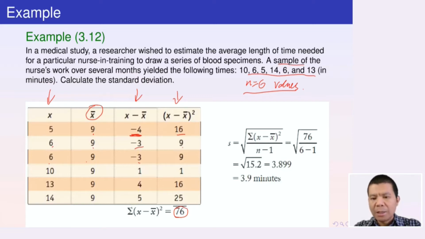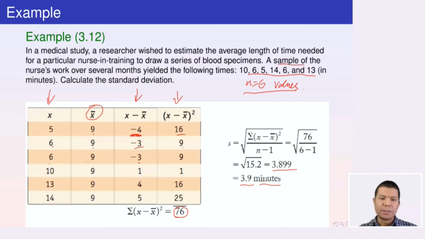So you just plug in the formula, 76 over 6 minus 1, and you find this result. You want to round it to one more decimal place than the original data. The original data have no decimal places, so we round to one decimal place for the answer. So we got 3.9 minutes.